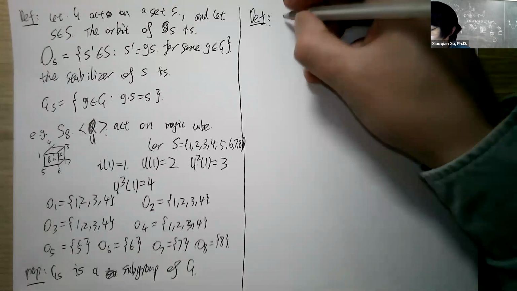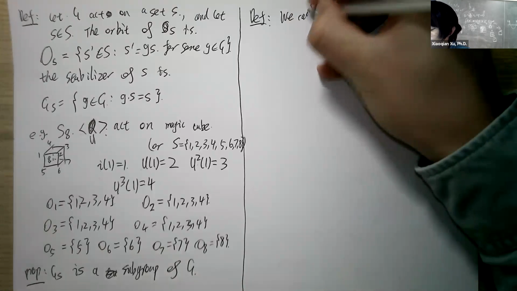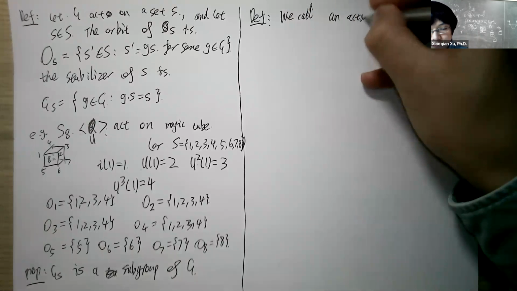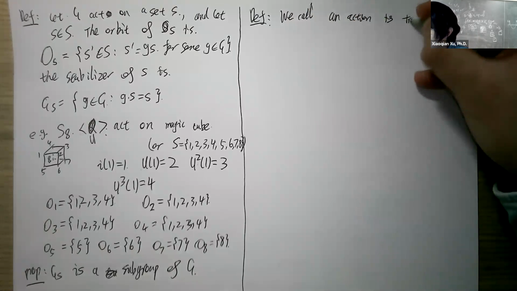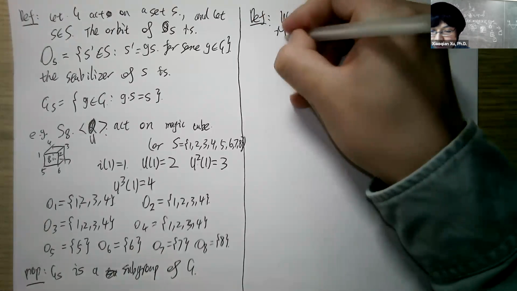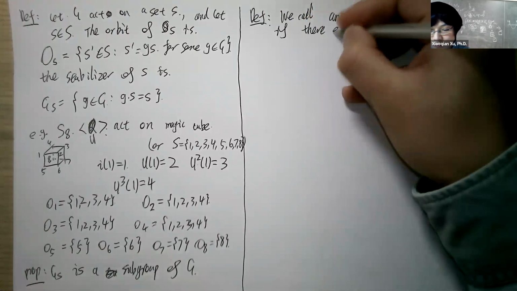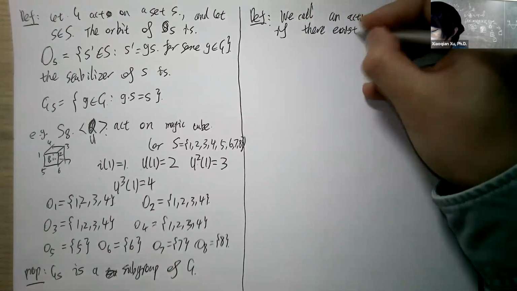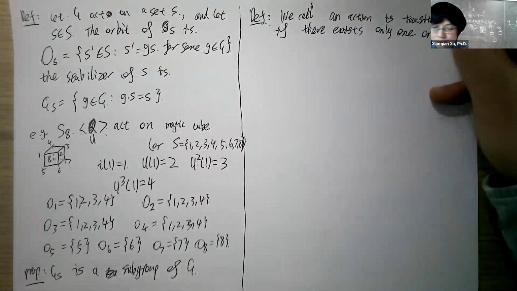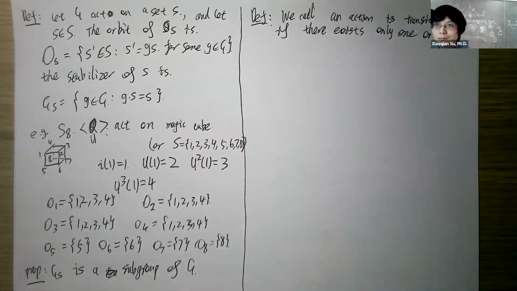We call an action transitive if there exists only one orbit. Okay, what does that mean?